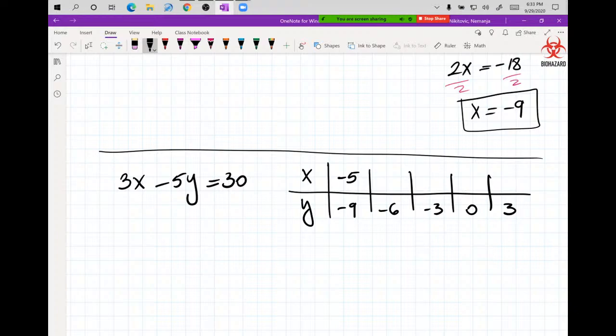Anyway, we can go over the first one, where x equals -5.